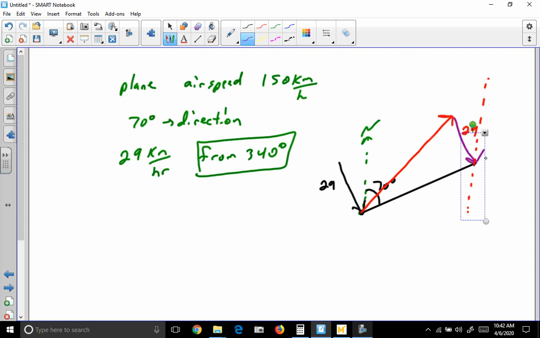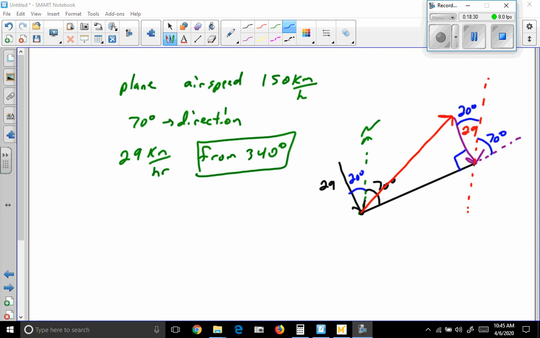If we dot this line out here, then if that's 70, then that's 70. If this is 340, then that's 20, which would make this part here also 20. If that's 20 and that's 70, then that's 90, which would make that also 90.